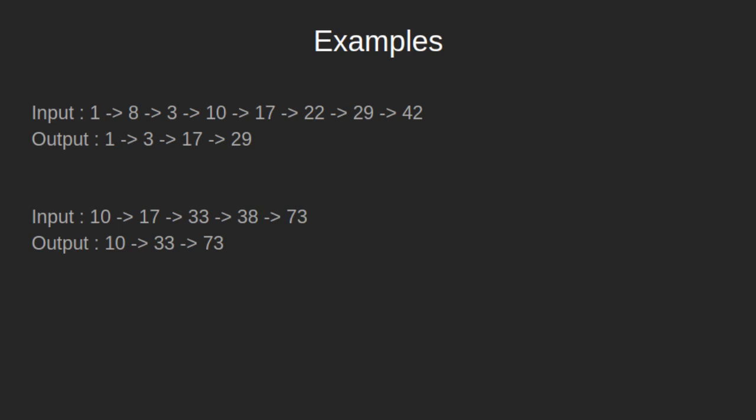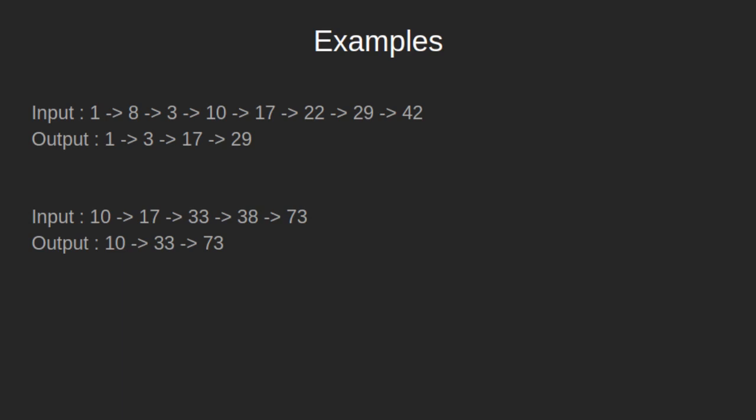If we take a closer look, what we have to do is print all the even numbered nodes of the linked list. Let's see a second example also. So we are given a linked list 10, 17, 33, 38, 73. We get alternate nodes as 10, 33, 73.